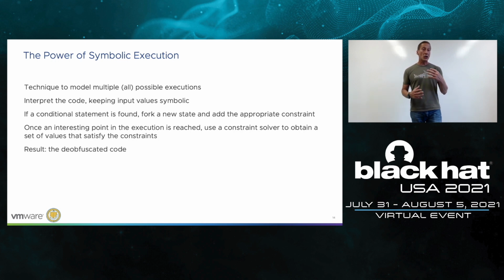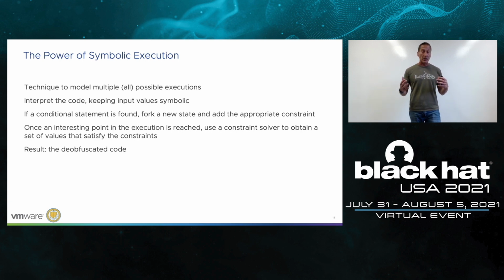So when a conditional statement is found and it relies on one of these symbolic values, instead of taking a single decision, you fork a new state, so you proceed both ways, and depending on what branch you progress in, you add a constraint over the value of the symbolic variable.